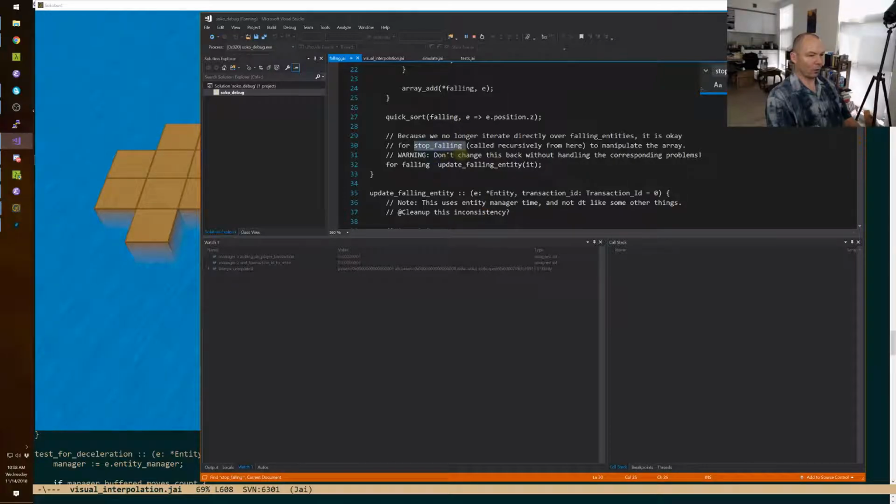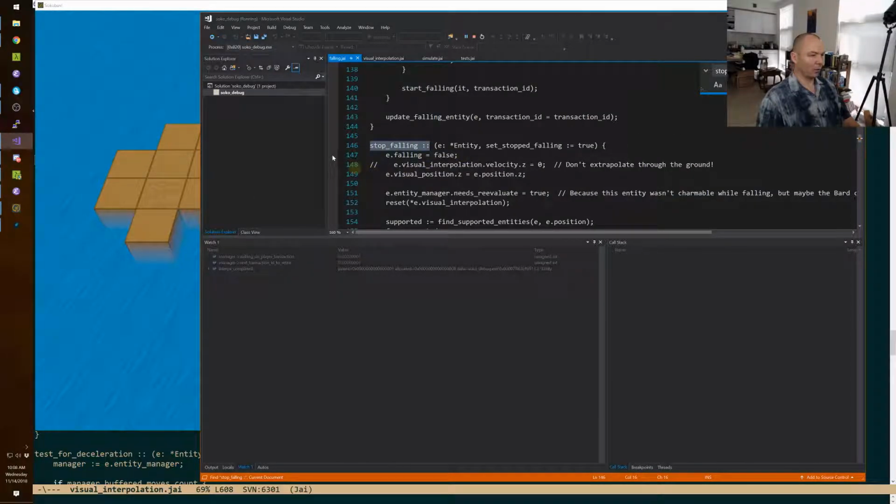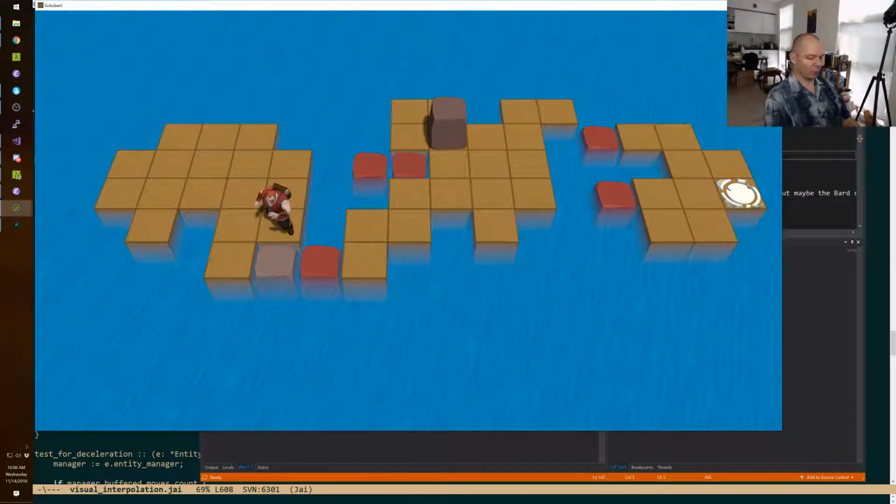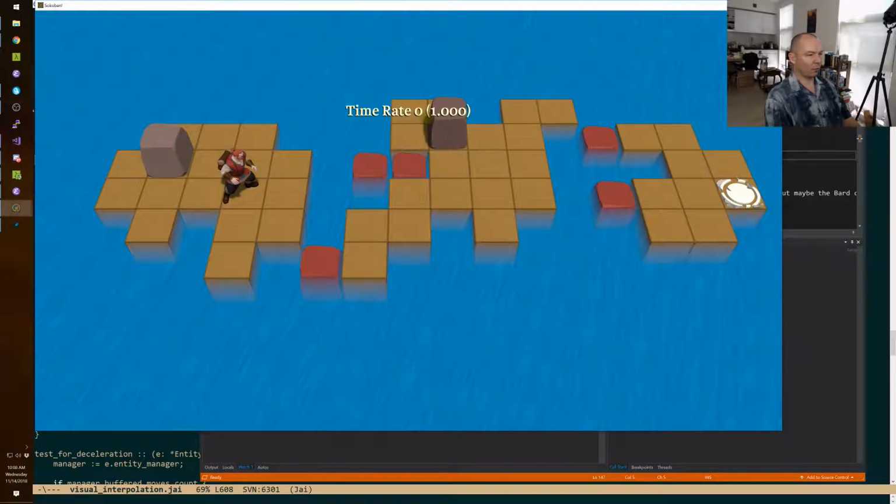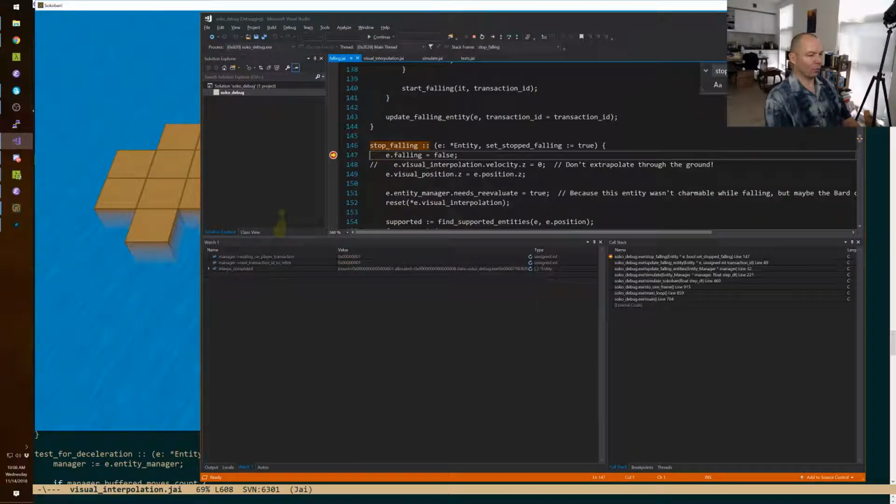Stop falling. Oh, but we may never get to stop falling. Hold on. Because this might be one of the fake falls or something. Let's see if we do. Oh, no, we do. All right.